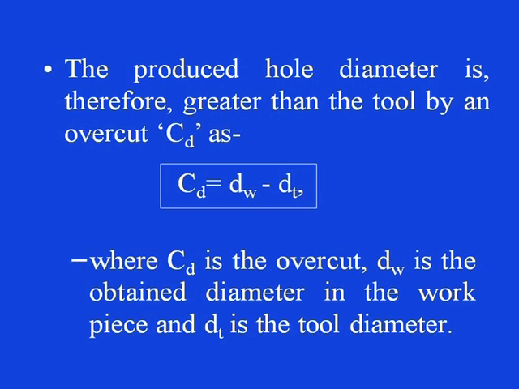The produced hole diameter is therefore greater than the tool by an overcut CD, which can be expressed as CD equal to dW minus dt, where CD is the amount of overcut, dW is the obtained diameter in the workpiece, and dt is the tool diameter. This is shown in this figure on the screen.